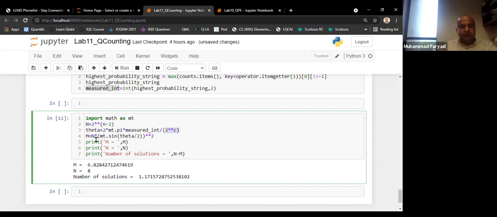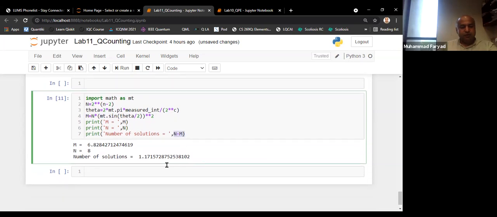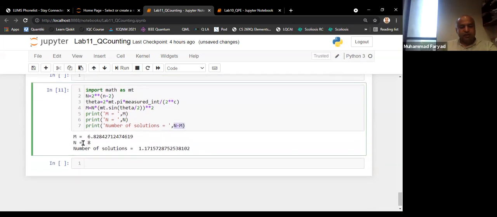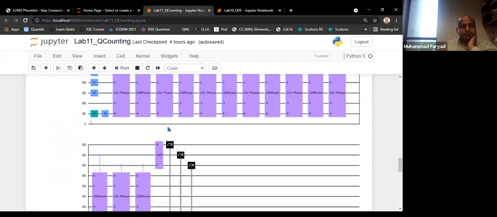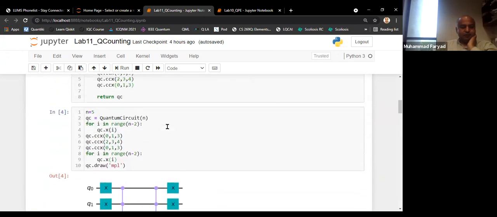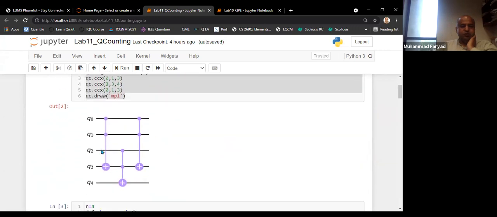And once I have that, I compute the number of solutions m as capital N times sine square of theta by 2, and I'm printing m, N, and N minus M. You can see that m is 6.8, capital N is 8, so the number of solutions is 1.17. And we have used a situation with only a single solution. So this marks a single solution.